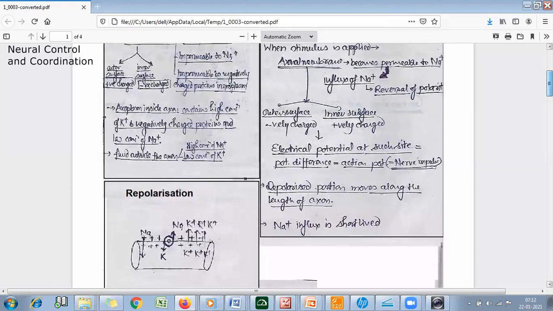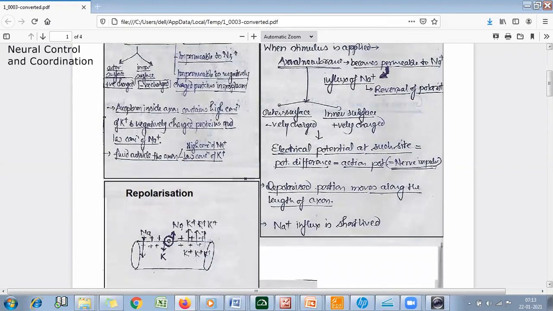And what happens next? The impulse will move forward to transfer the signal to another site. As we have discussed, our nerve receives a signal or stimulus from the dendrite and through the cell body and axon.